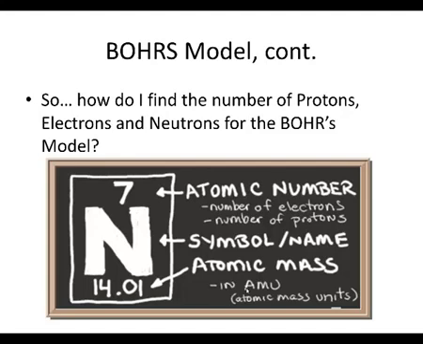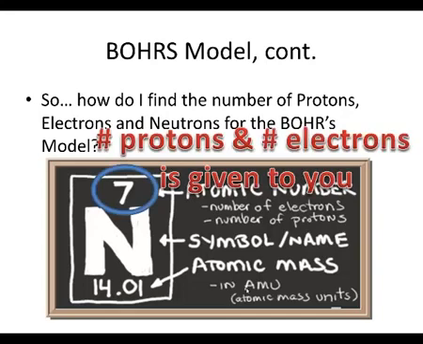Remember that the number of protons does not change for a given atom. If there are 7 protons, the atom is always nitrogen. The N in the middle is the symbol or name. And then the bottom number, which is usually a much larger number, is the atomic mass. And that's basically how much the entire atom weighs in atomic mass units.